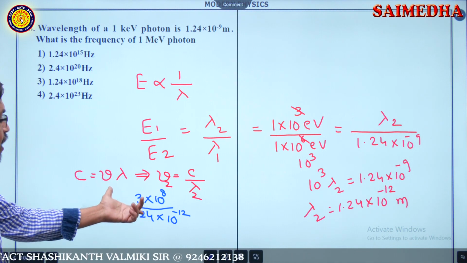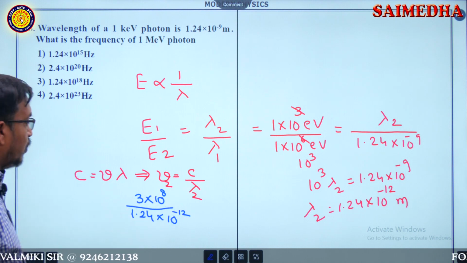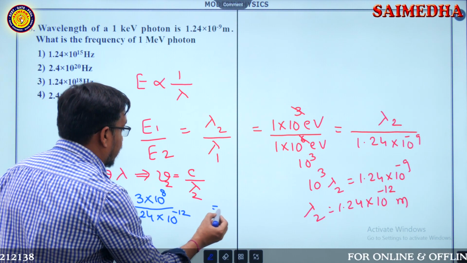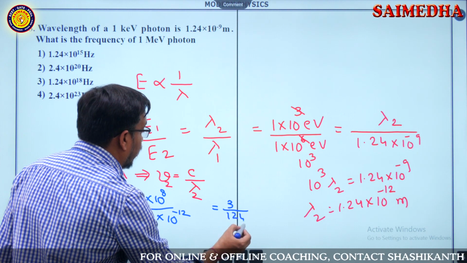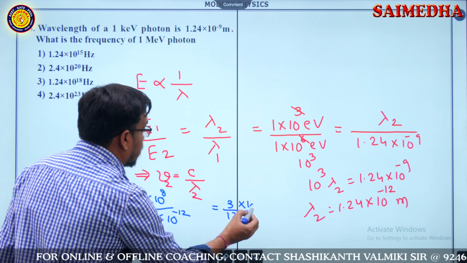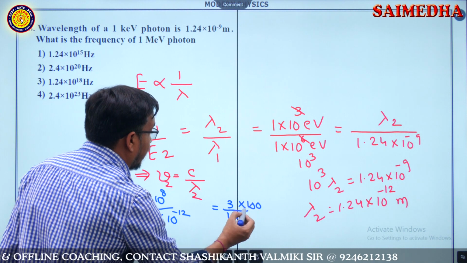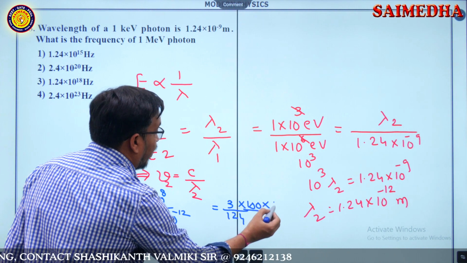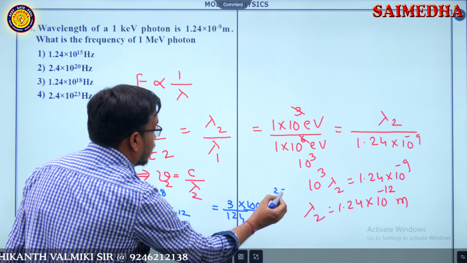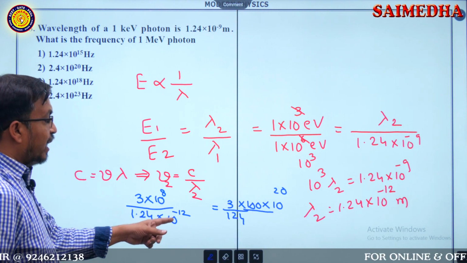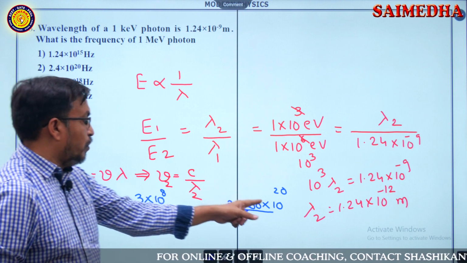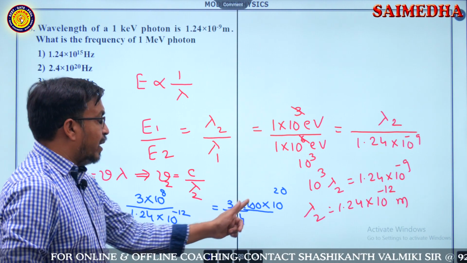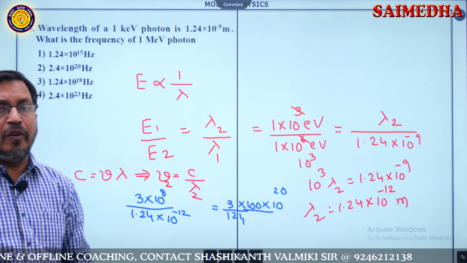Going to the numerator, it becomes plus 12, so 10 power 8 plus 12 is 10 power 20. So I am writing 3 by 124, and additionally two zeros, that is 100 into 10 power 20. Students, understand carefully. 1.24 I have written as 100 by 124.